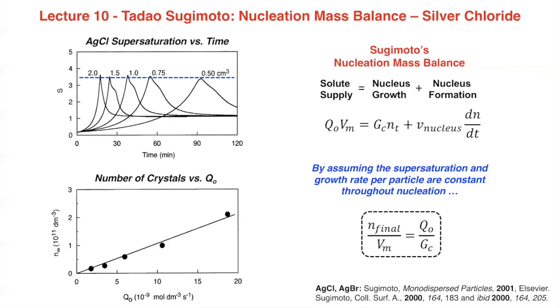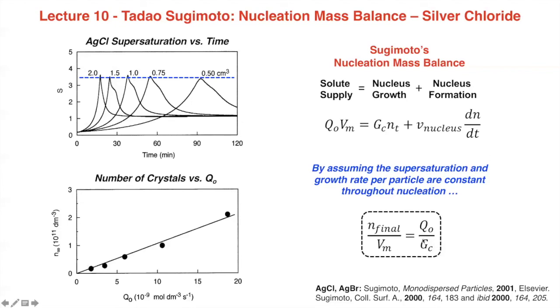Eventually it becomes fast enough that it outcompetes the generation rate, and then the concentration drops and the whole process shuts off. So nucleation continues until the crystals are great enough in number that the consumption of solutes outcompetes its supply and nucleation stops.